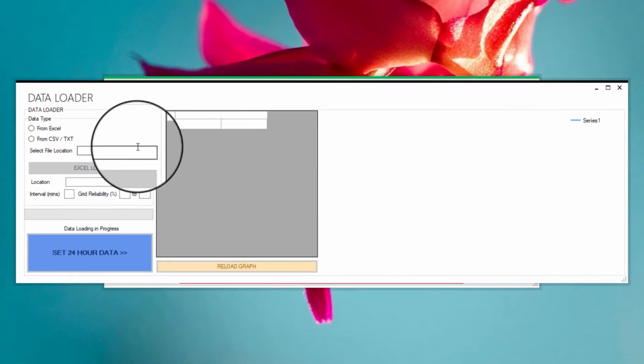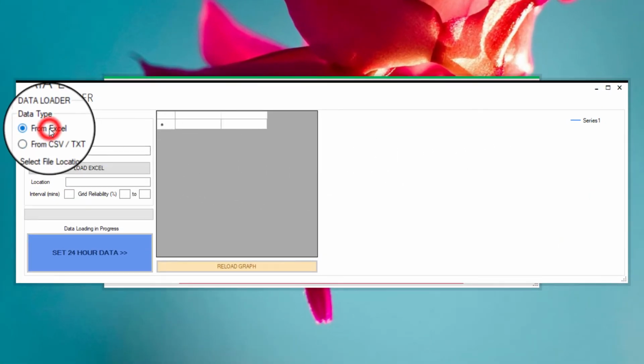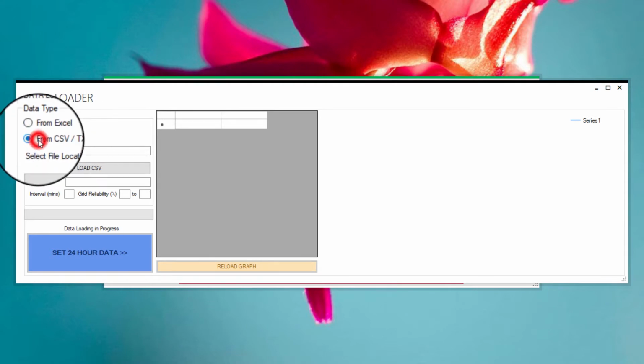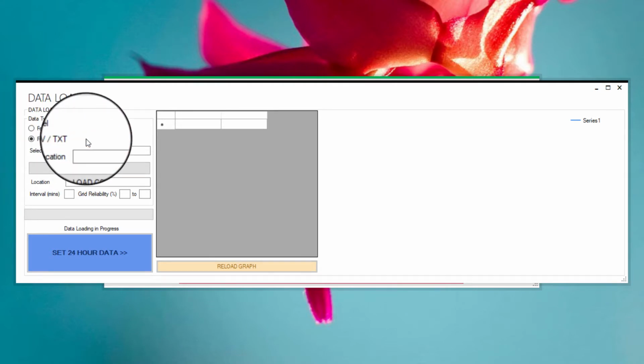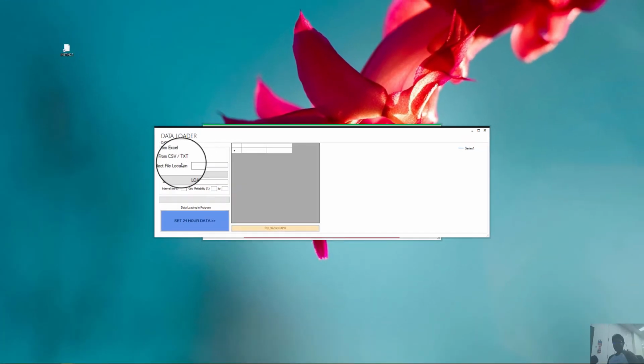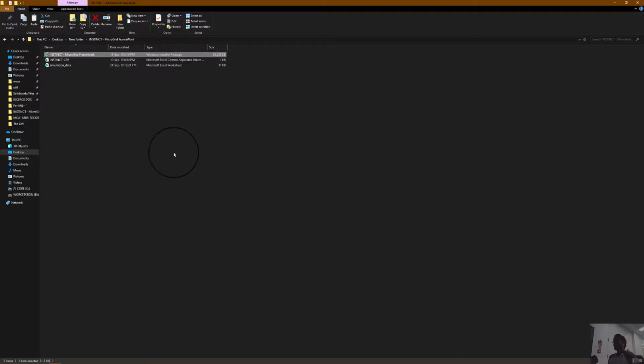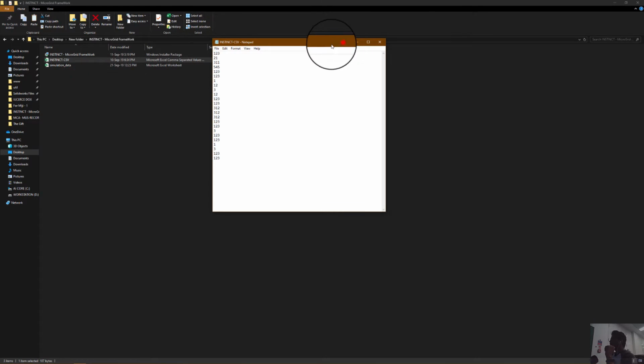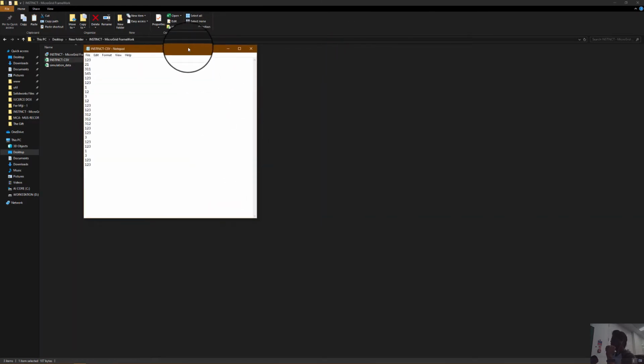Here you can select if you want to load from Excel, and CSV you can select here. Now let's see how you can make a CSV and an Excel sheet which is compatible with the software. CSV is a comma separated value file which can be opened in Notepad or a text editor.